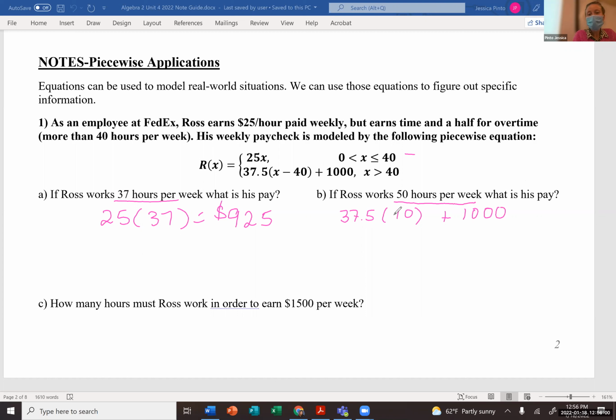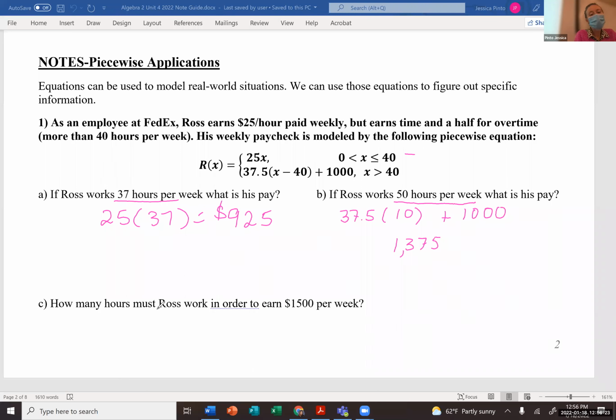Timesing by 10, I just move the decimal place over once and I get 1,375. So for 10 extra hours, his paycheck is almost 40% more, which is a good increase.